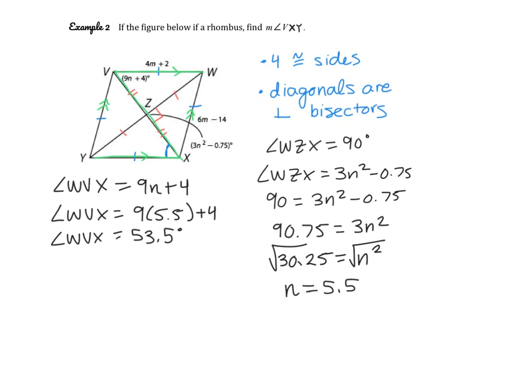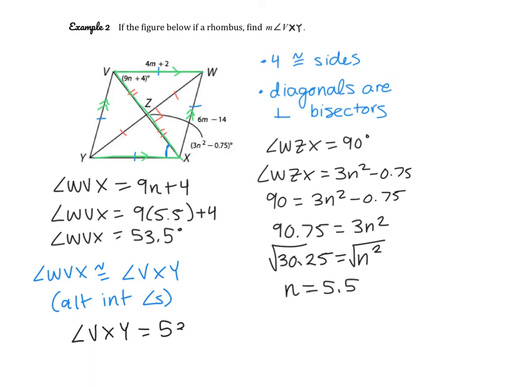And then we can see from this, we can make the statement that angle WVX is congruent to angle VXY because they are alternate interior angles. So that means if angle WVX is 53.5, we can conclude that angle VXY is also 53.5 degrees.